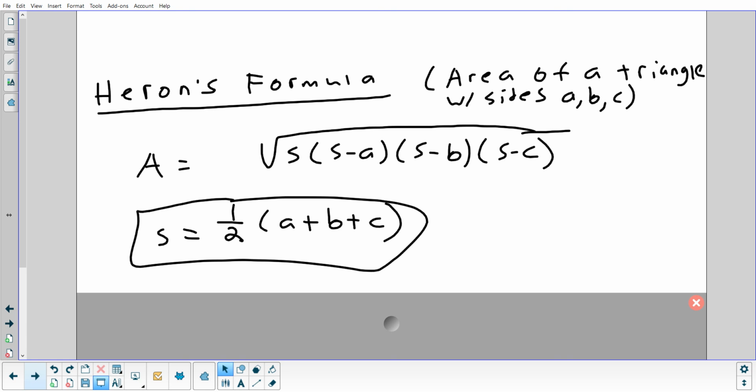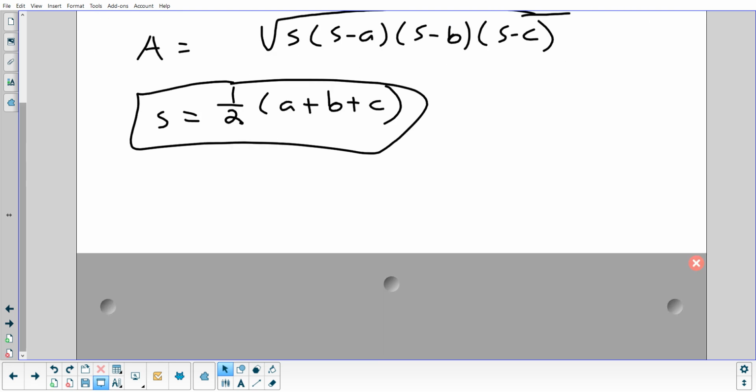That's why it's S. Again, S is a very simple thing to find. It's just half of the perimeter. And just magically, if you find half the perimeter, and you do the semi-perimeter times semi-perimeter minus A, semi-perimeter minus B, semi-perimeter minus C, and take the square root, you automatically get the area. And it's based on law of cosines. But we're not going to go through that.